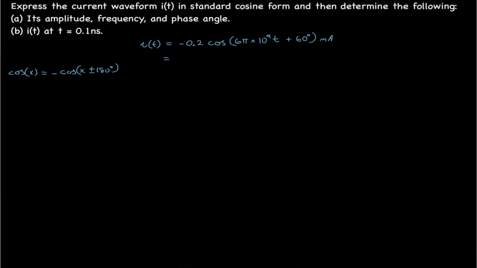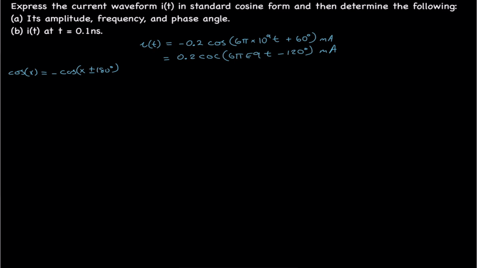Subtracting 180, we end up with a positive cosine: 0.2 cosine of 6π e to the 9 times t minus 120 degrees, in milliamps.